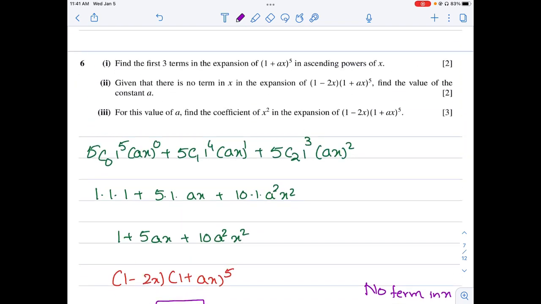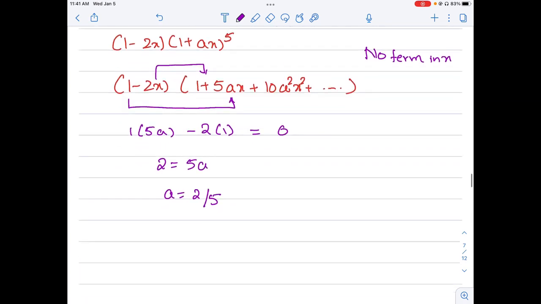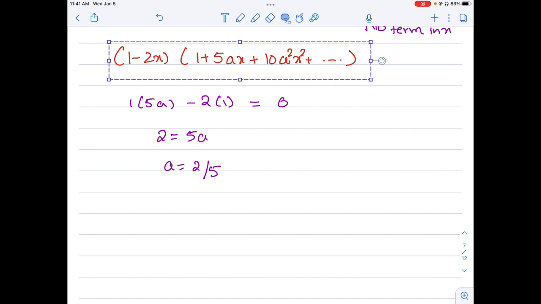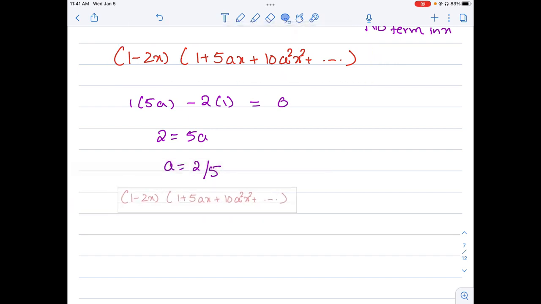For this value of a, find the coefficient of x² in this expansion. So what am I going to do? I copy this part and I want the coefficient of x².